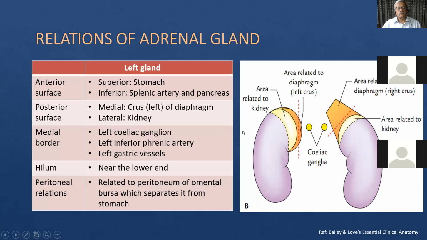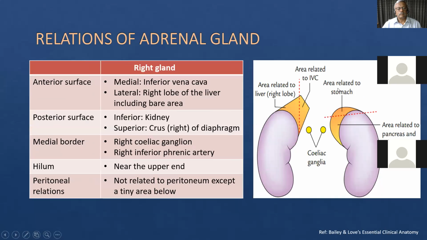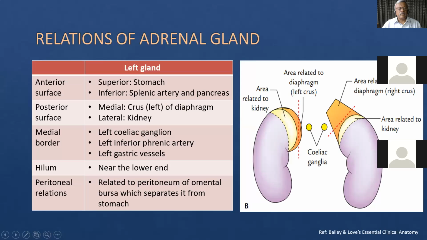Whereas the relations of the left adrenal gland, for the anterior surface, superiorly it is related to the stomach, and inferiorly it is related to the pancreas and the splenic artery. The posterior surface is medially related to the left crus of the diaphragm, and laterally it is related to the kidney.